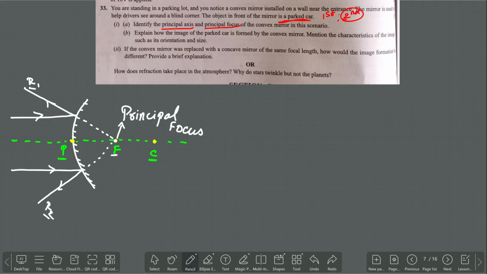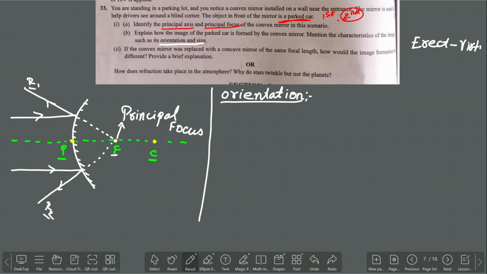Mention the characteristics of the image, such as its orientation and its size. Orientation means either the image is going to be erect or inverted. Erect image means the nature of the image is virtual. Inverted means the nature of the image is real.